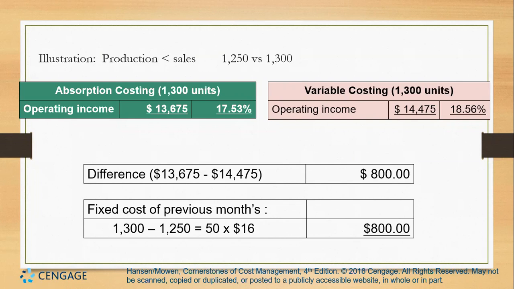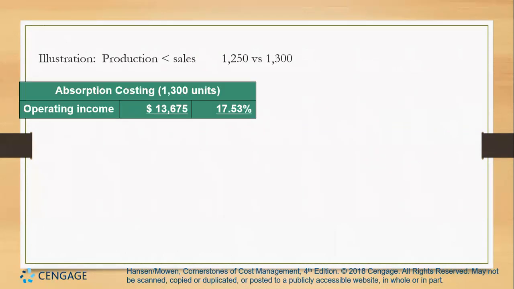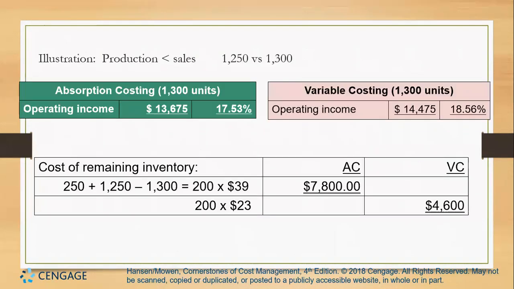Okay, now we have this difference already explained. Cost of remaining inventory: here we have 250 and 1,250. From the current production, we deduct 1,300 units, so the inventory in units is 200.